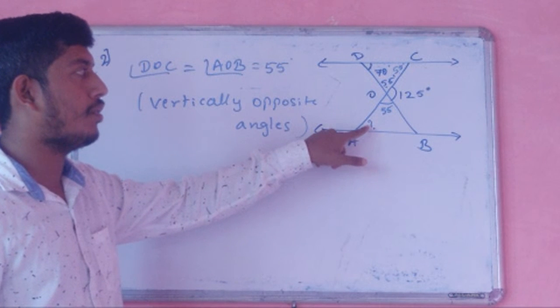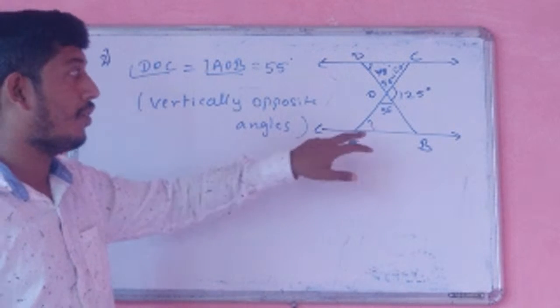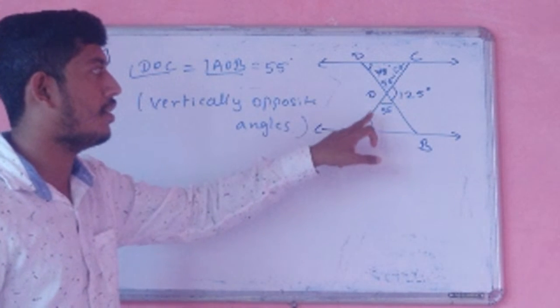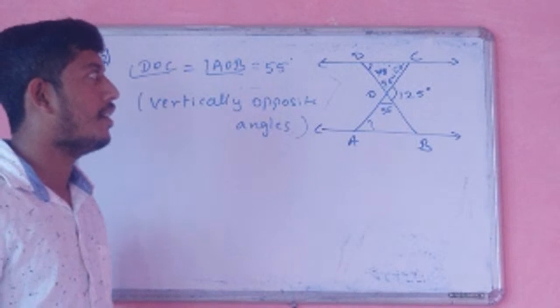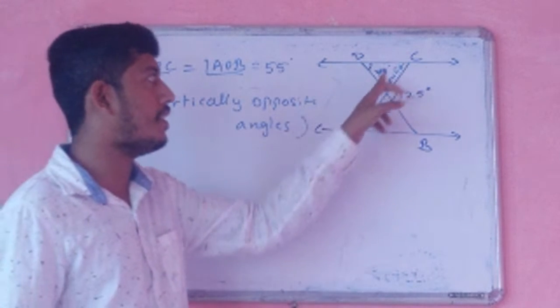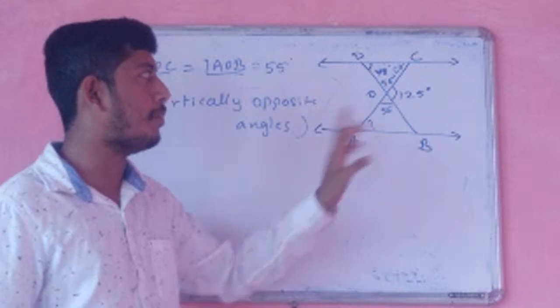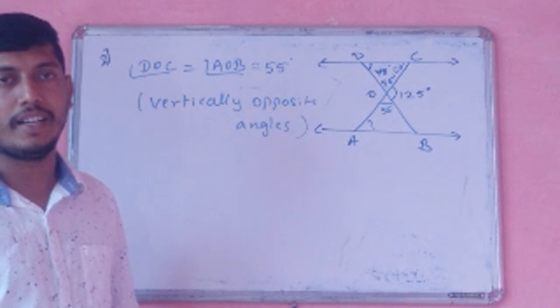we can find out this angle directly by considering these two angles, that is angle C, angle DCO, and angle OAB, which are alternate angles.